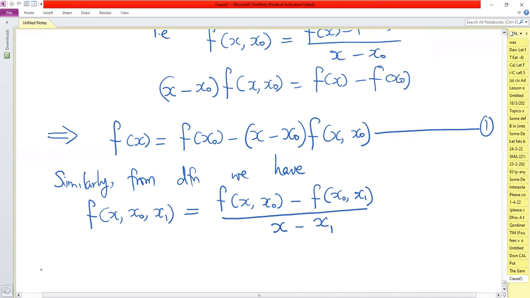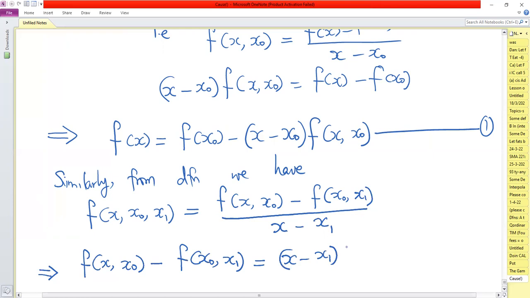Which implies that f of x comma x naught minus f of x naught, x1 is equal to x minus x1 multiplied by the second divided difference of the argument x, x naught, and x1.